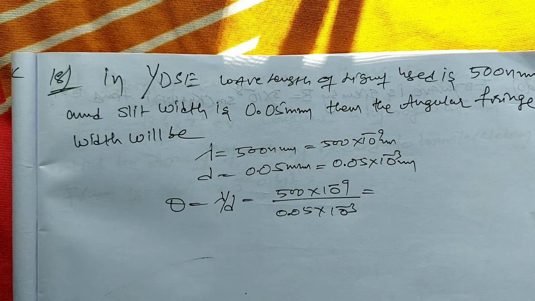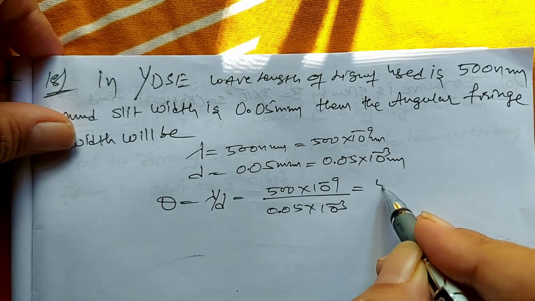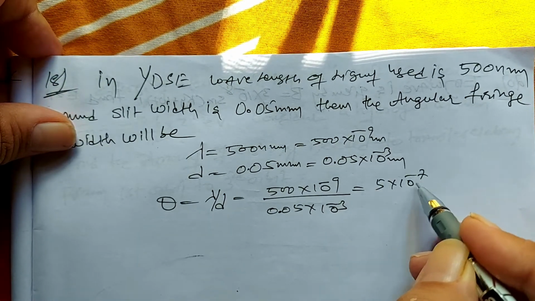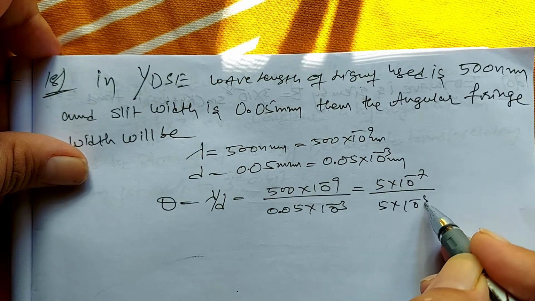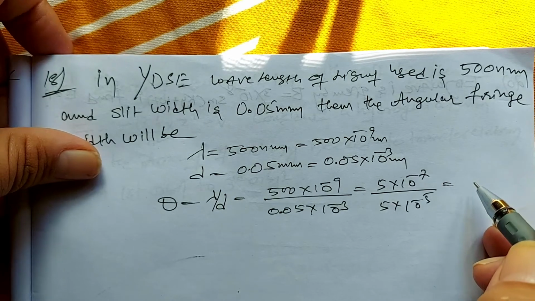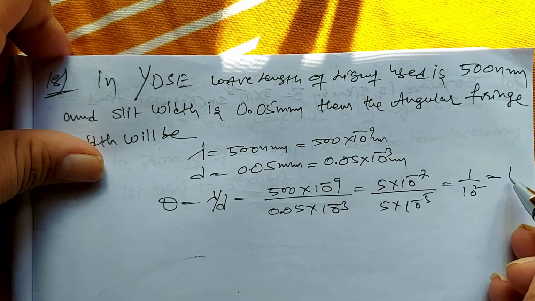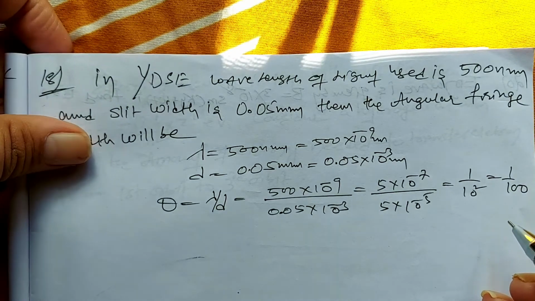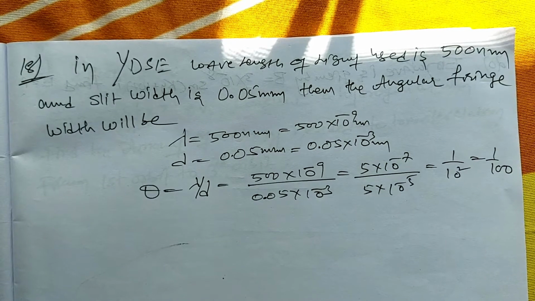Here this can be written as 5 into 10 to the power of minus 7 divided by 5 into 10 to the power of minus 5. That is equal to 1 by 10 square, that is equal to 1 by 100.